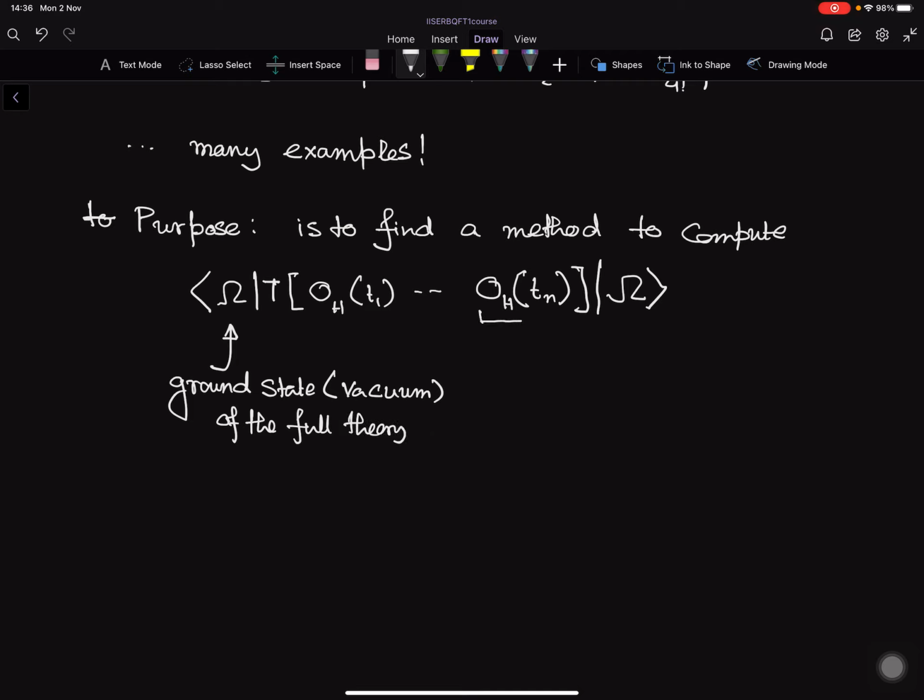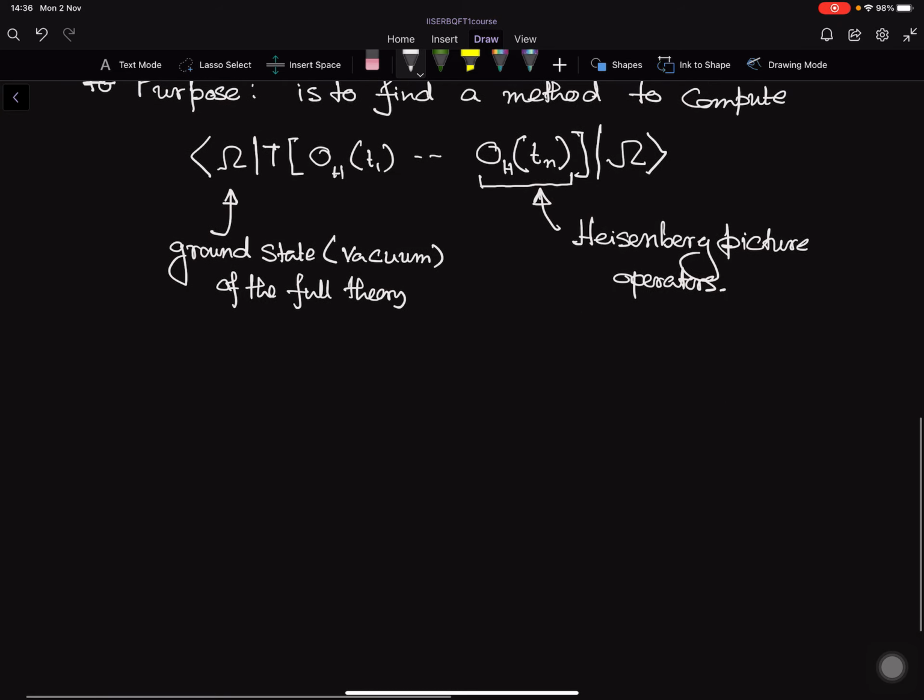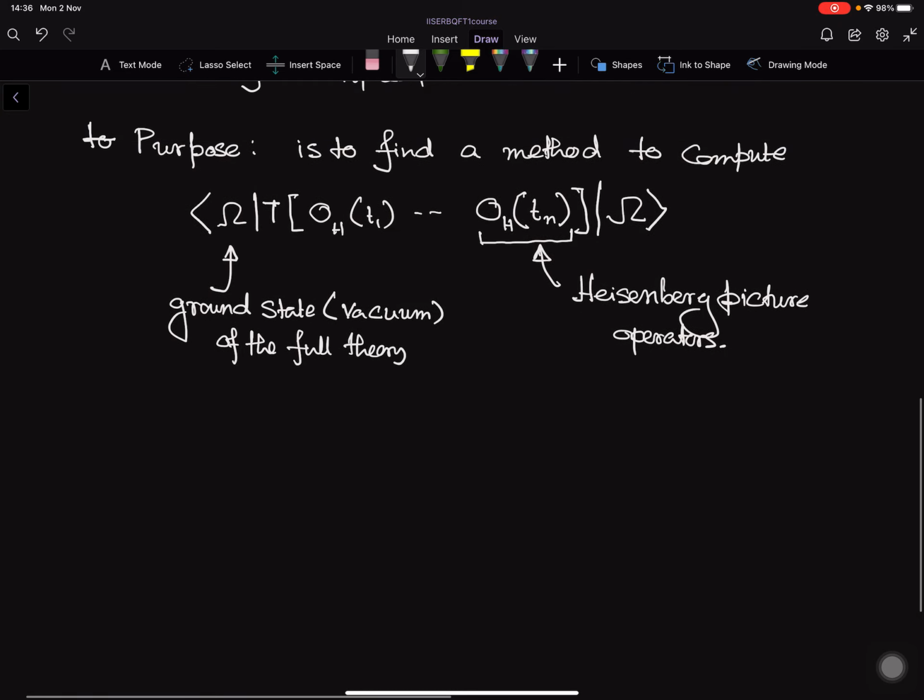And these are Heisenberg picture operators. Okay, so this is our purpose.